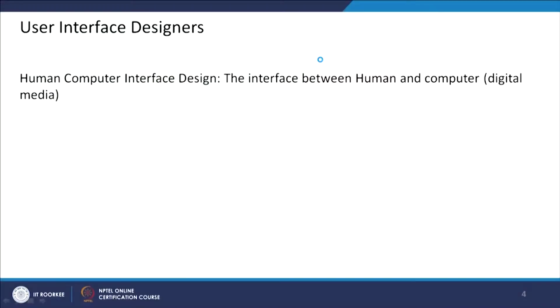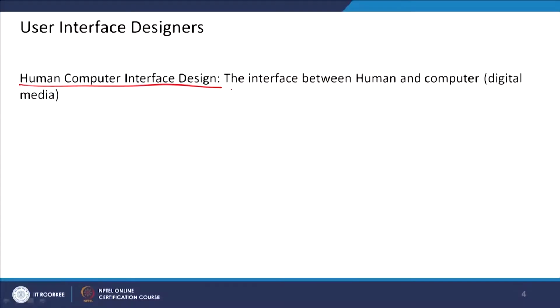So it is a broad term if we extrapolate it, but generally when we use the term user interface design, it typically means the user and computer interface, but it can even be a user and system interface or a user and product interface.